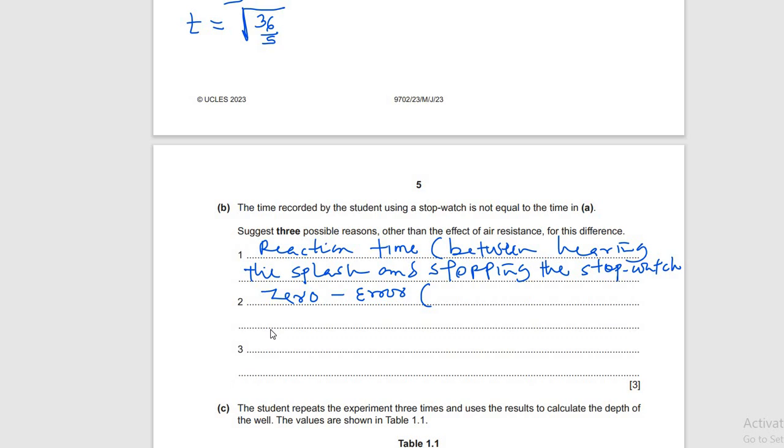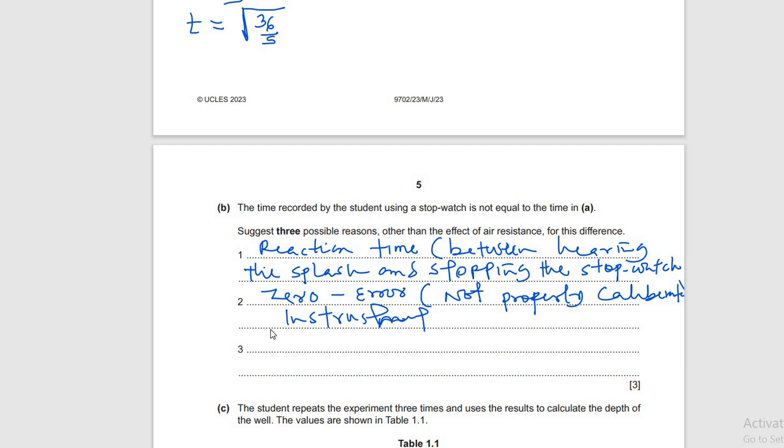So all your time readings, all your recordings, might be higher in one direction or lower in one direction. So zero error means a not properly calibrated instrument.